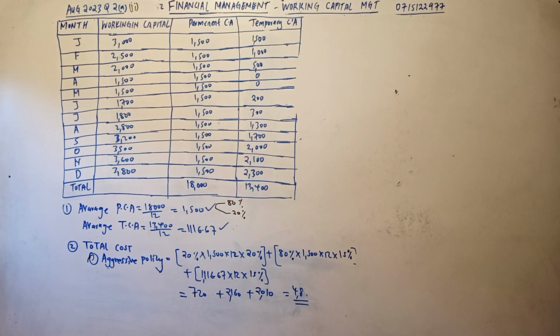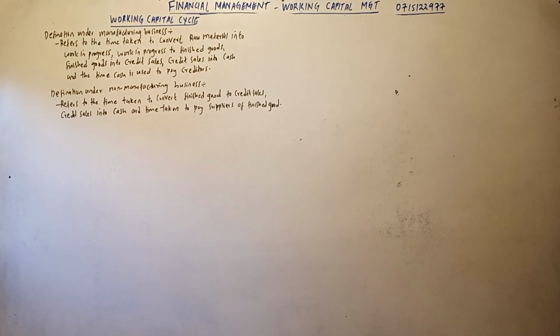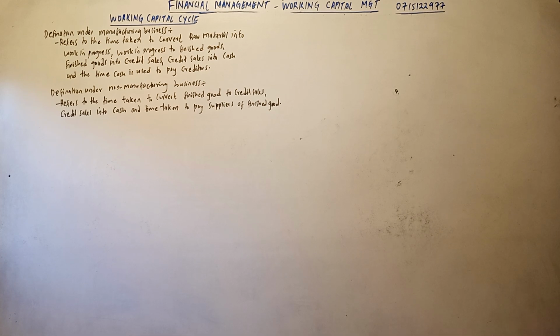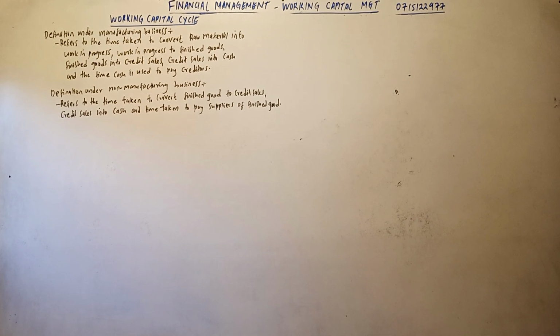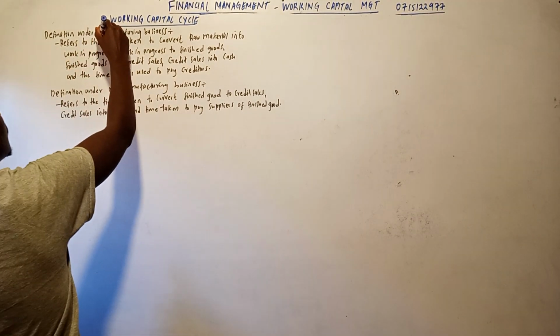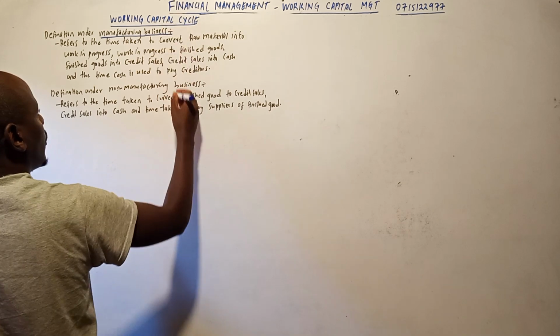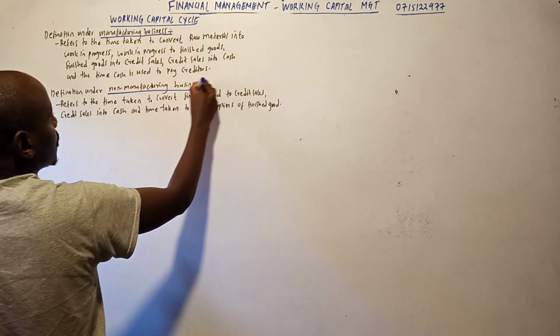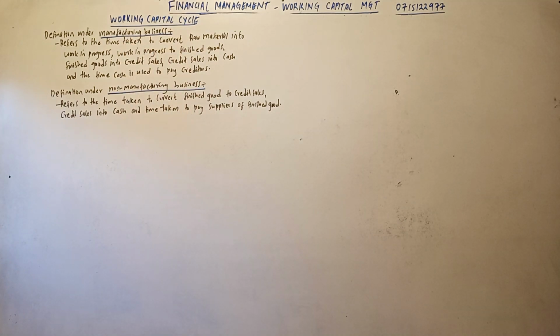Let us write them down. As you can see, we have the two definitions: definition number one is under manufacturing business, and definition number two is under non-manufacturing business. Under manufacturing, we start from the raw material.